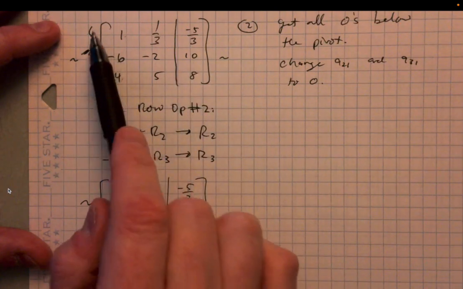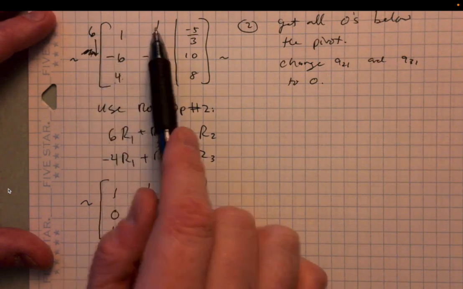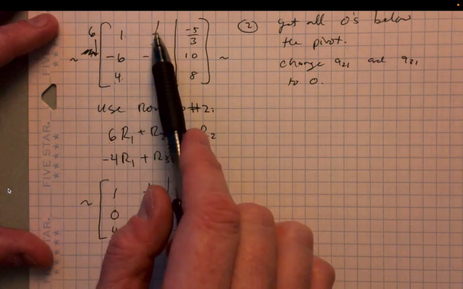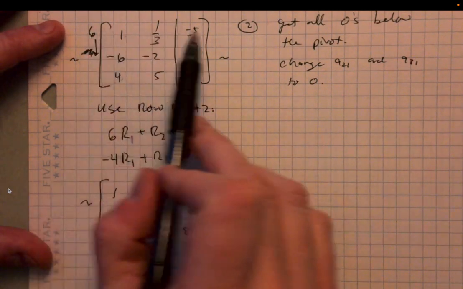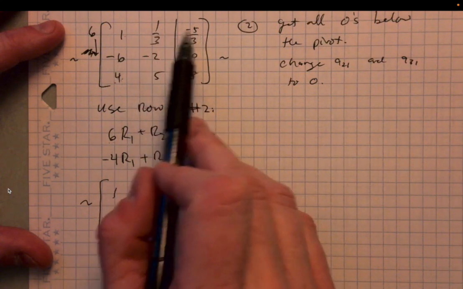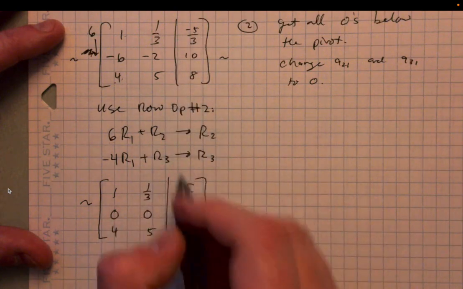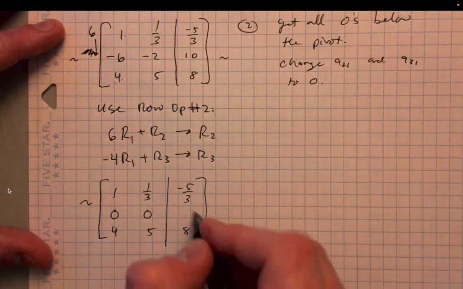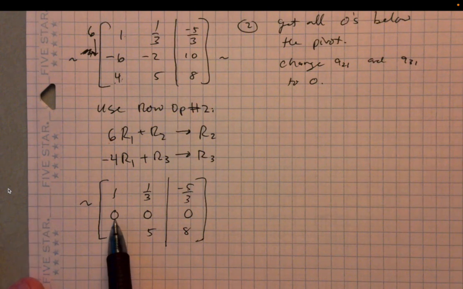Then 6 times 1/3 is 6/3, which is 2, plus negative 2 is another 0. Then 6 times negative 5/3 is negative 30 over 3, which is negative 10, and that gives me negative 10 plus 10, which is another 0. So it looks like doing that row operation actually converted the entire row to 0. Don't worry about that.